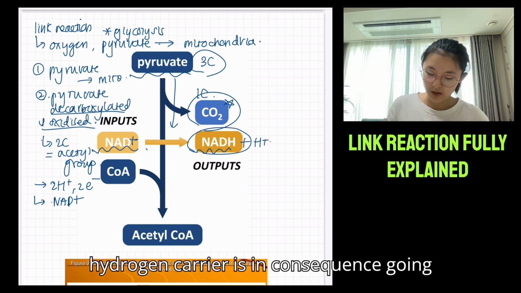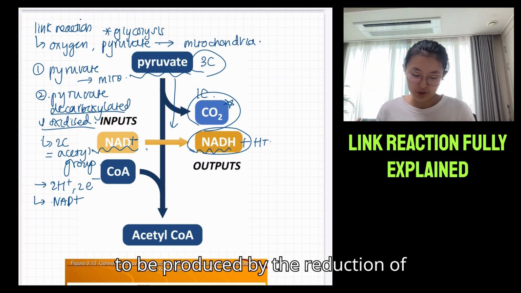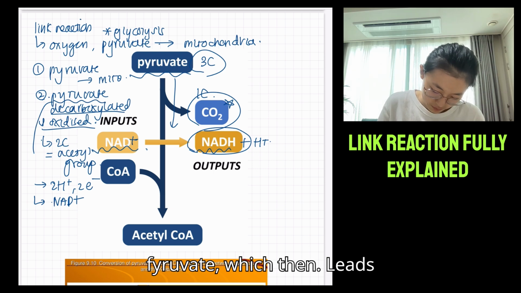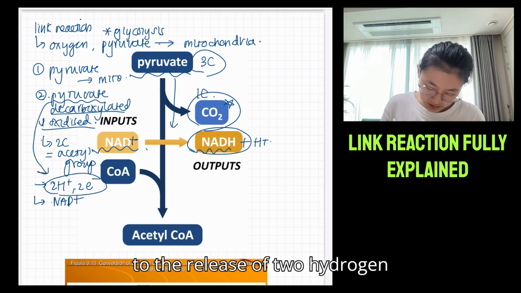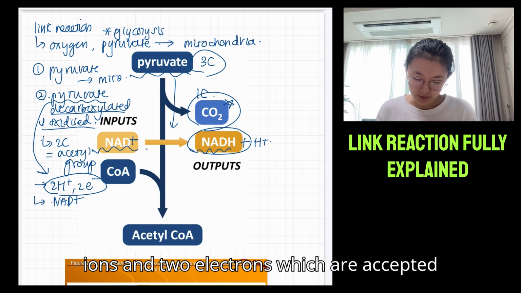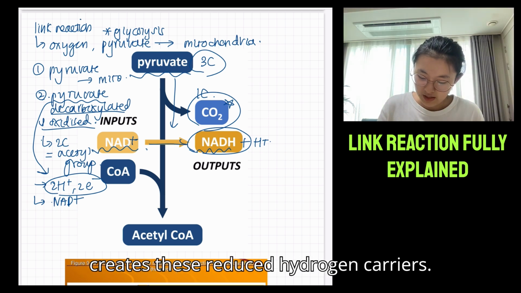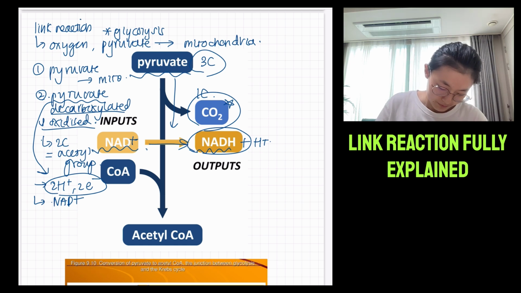A reduced hydrogen carrier is, in consequence, produced by the oxidation of pyruvate, which leads to the release of 2 hydrogen ions and 2 electrons, which are accepted by the hydrogen carrier NAD+, creating these reduced hydrogen carriers.